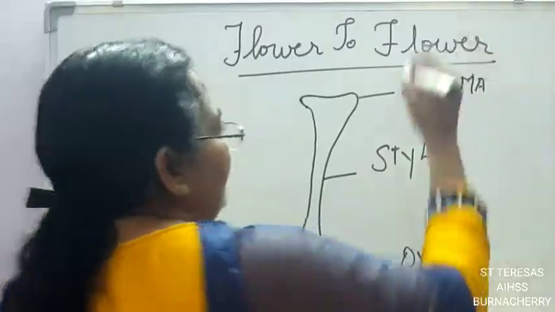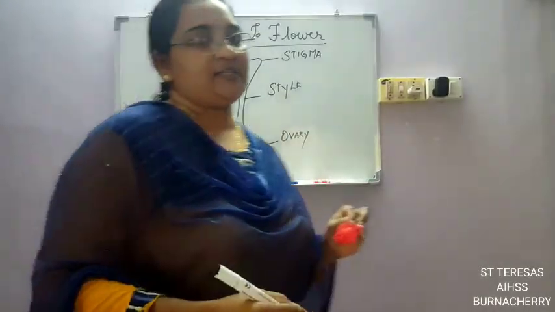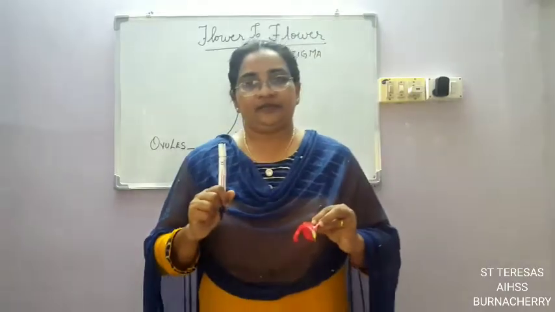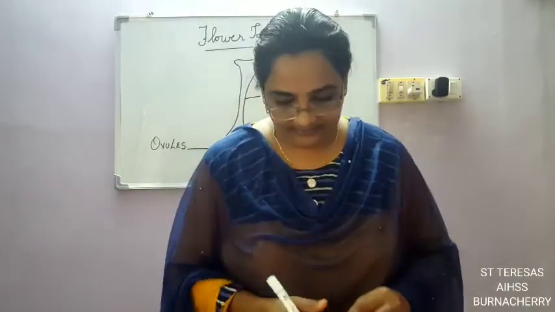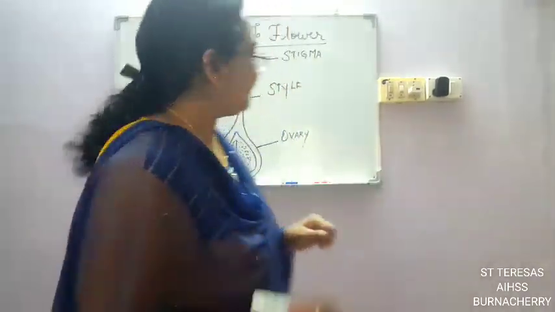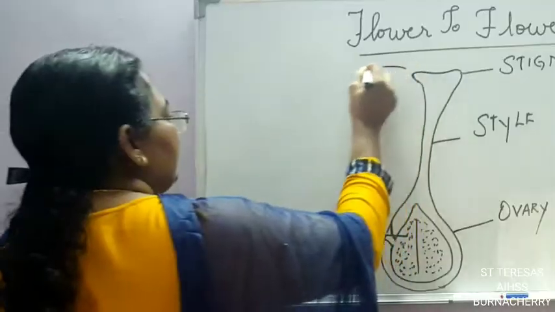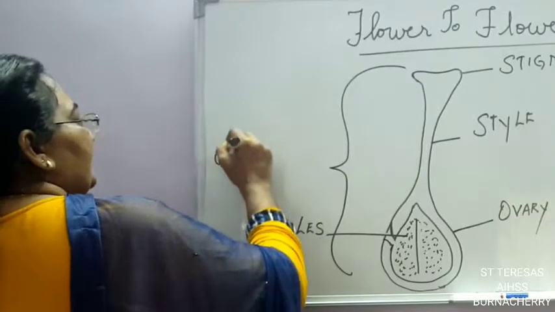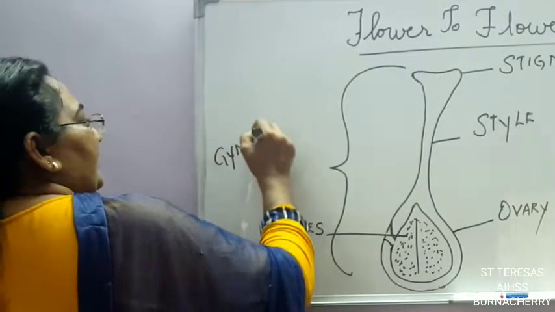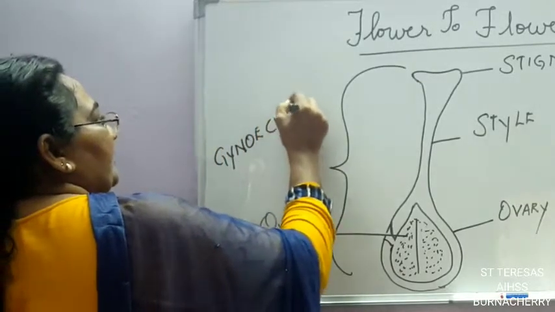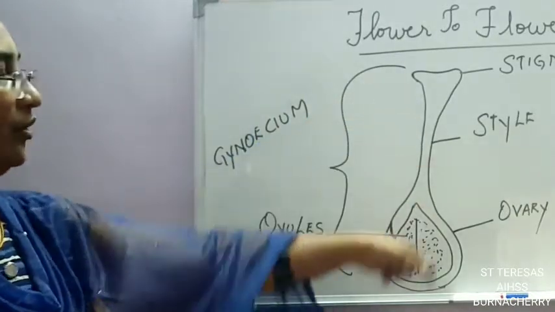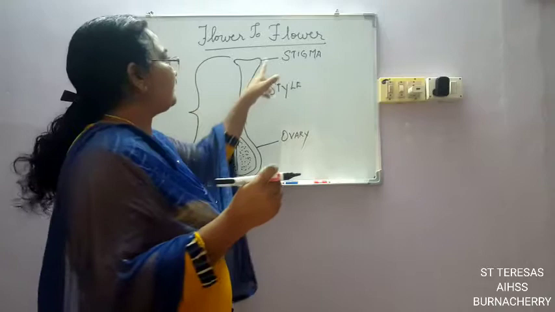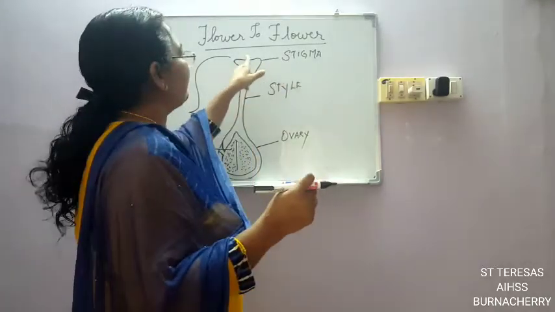So now you see, male part is very easy. Androecium is made up of only filament and anther. But in the female part, this whole thing together is called the Gynoecium. Is it clear? The Gynoecium is made up of stigma, which is the topmost portion.